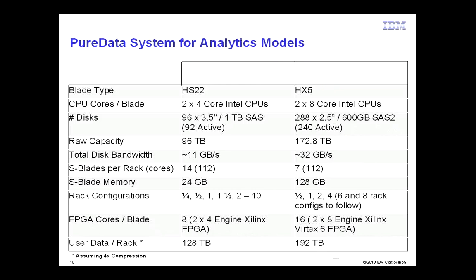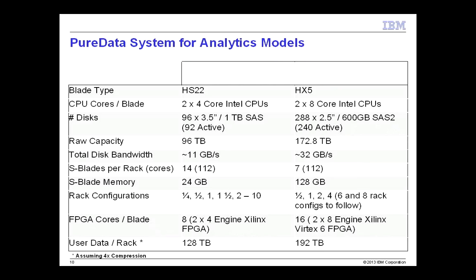Now talking about S-Blades, as we saw, each has 16 cores for CPU and 16 cores for FPGA, which is the Xilinx Virtex processor. Each S-Blade has 128 GB of RAM, and it also runs Linux 64-bit.